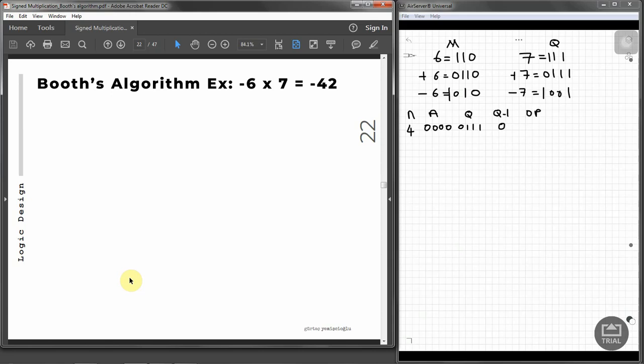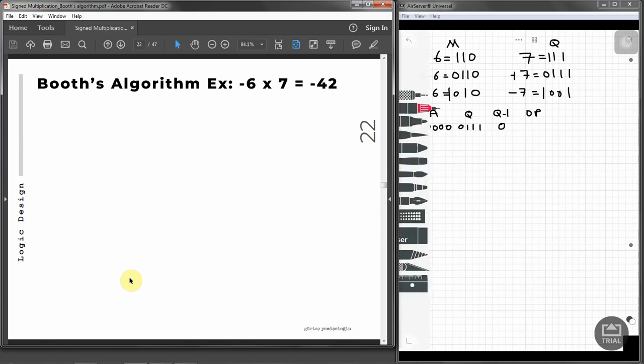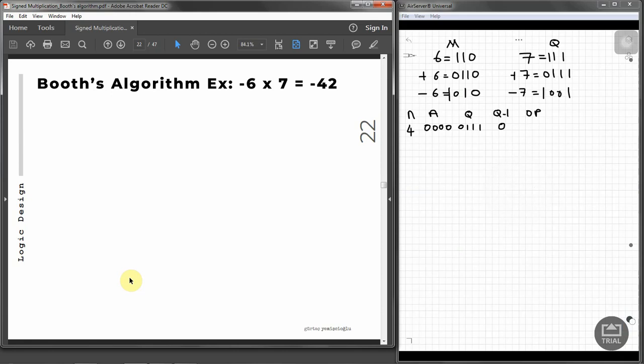Now we are ready to start the algorithm. We check Q0 and Q minus 1, which is 1, 0.